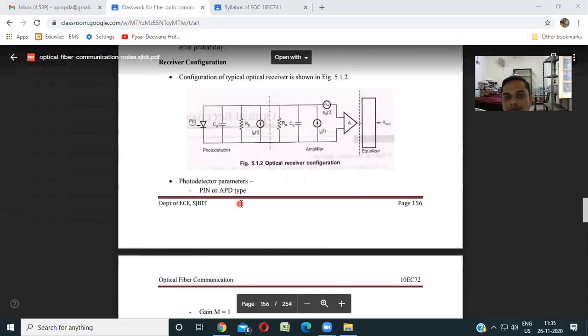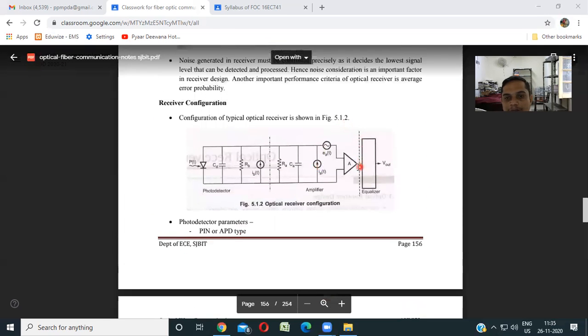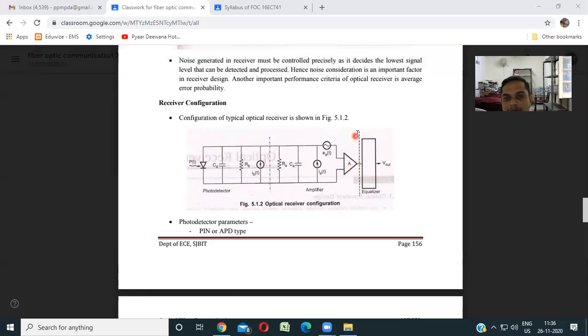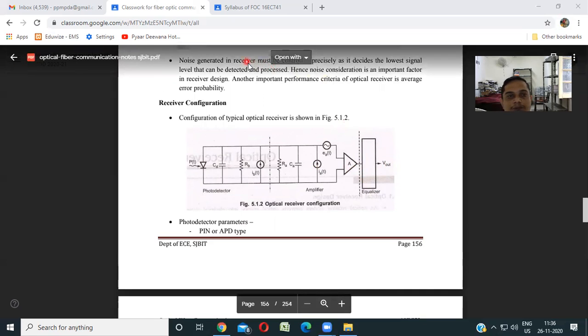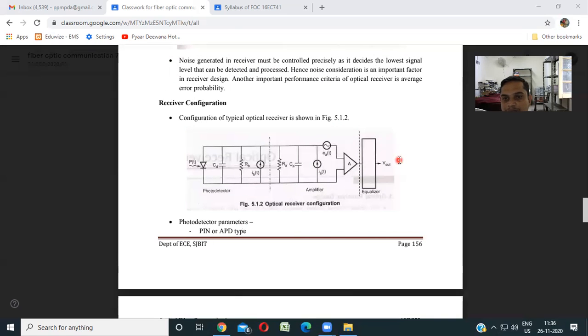Current to voltage. Here we have the current at the output of the amplifier, and the output is V out. So current to voltage conversion, and removing ISI and other distortions, is done by the block called the equalizer.